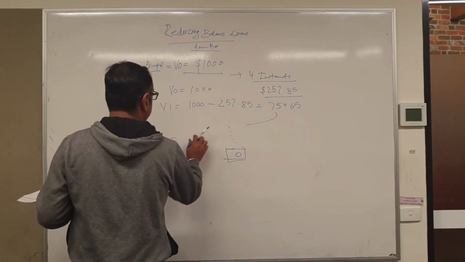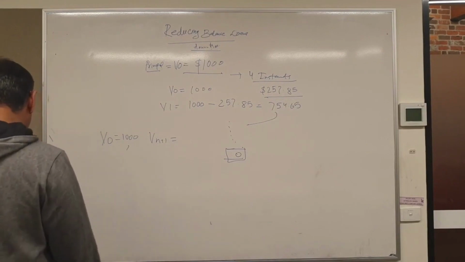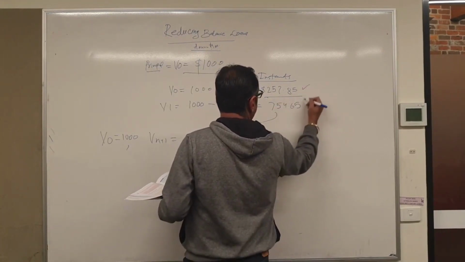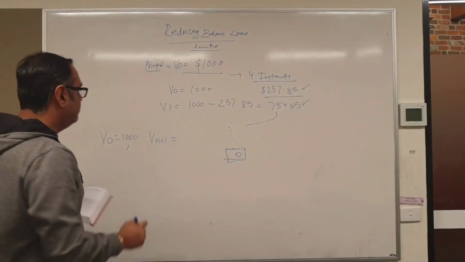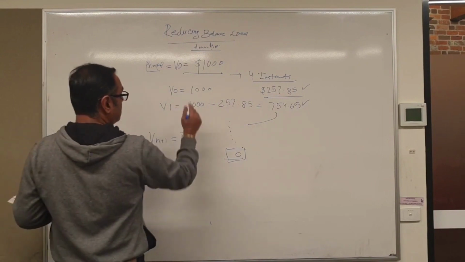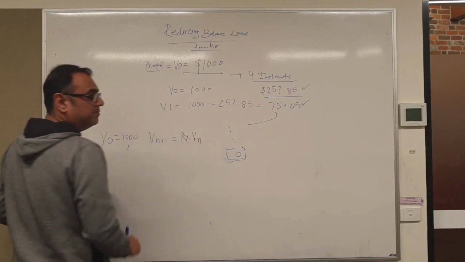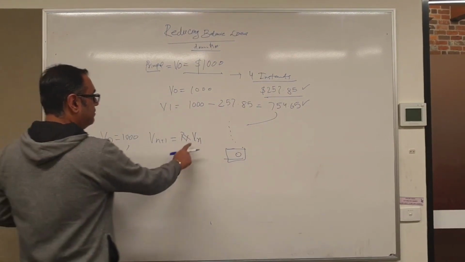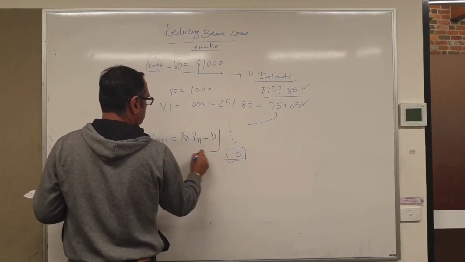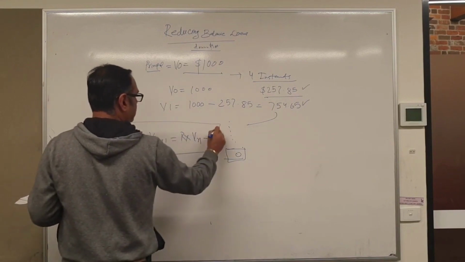And what is Vn plus 1? Some interest rate that I would have agreed upon, the R, times the previous value minus the monthly installment or the installment that I'm playing around with.